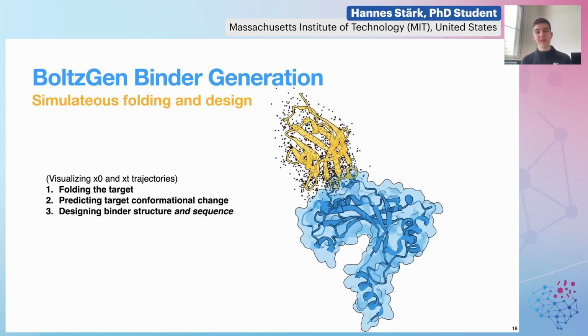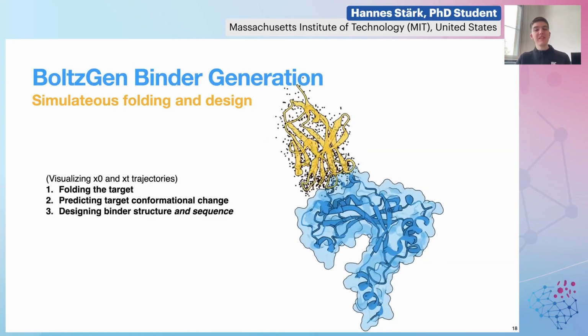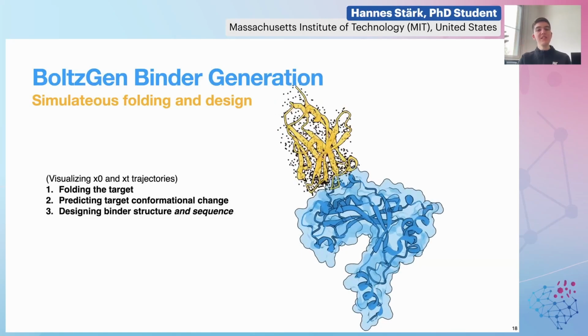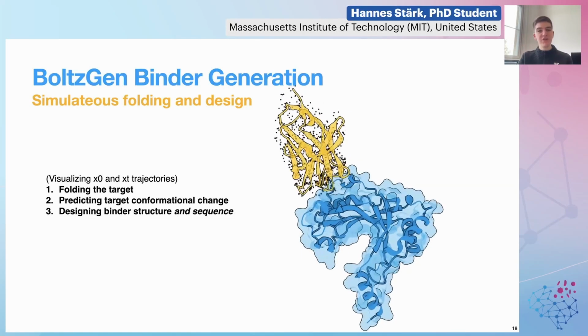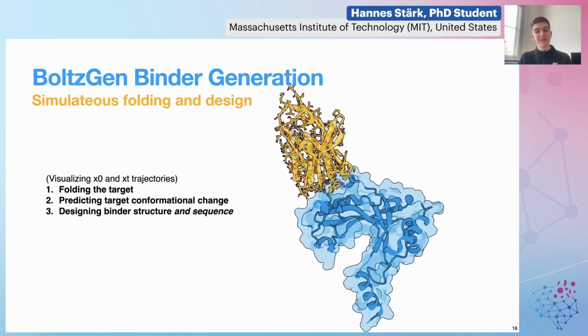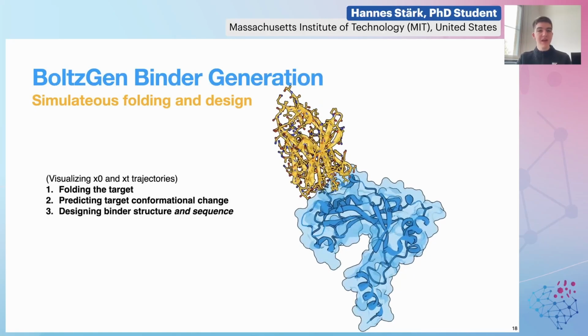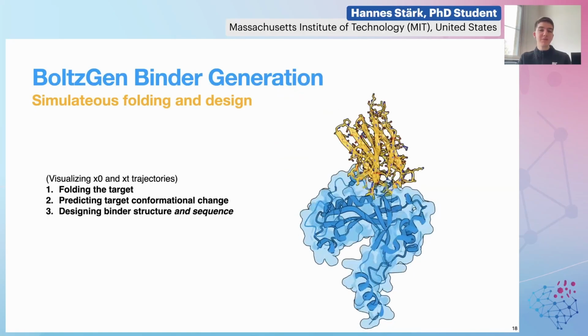And what is happening here is that we're simultaneously folding the target. We're reasoning about how the target changes its conformation while binding the binder that is simultaneously being designed. And we're generating the binder, which means we're simultaneously producing its structure and its sequence. So we have a co-generation problem going on here, where we're simultaneously producing a continuous structure and a discrete sequence.